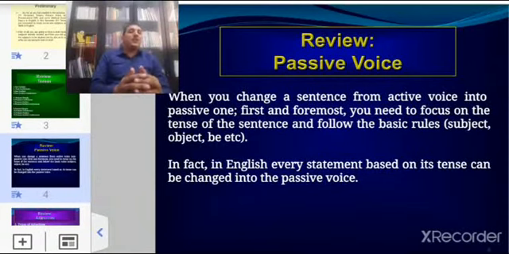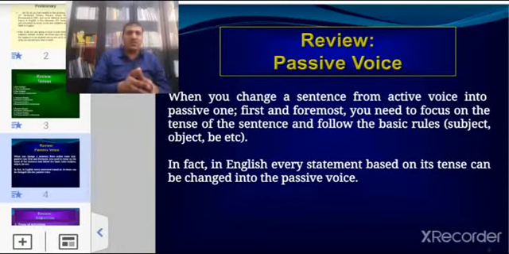Okay, when we change a sentence from active voice into the passive one, first and foremost, we need to focus, to pay attention, to concentrate on the tense of the sentence. So the tense is very important, because the verb to be must be added for every sentence.